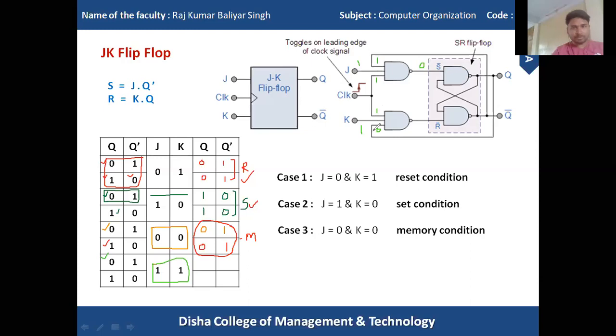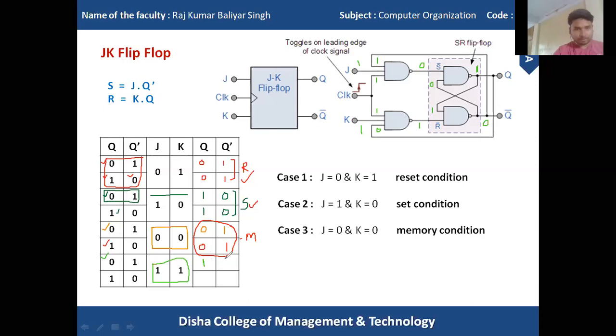This 1 1 0, this NAND gate will produce 1. Now this 0 is supplied to this NAND gate, it will produce 1 at the output side, and this 1 will be supplied to here. Now this NAND gate receives two input values, 1 and 1, so it will produce 0. This produces 0, and this 0 is supplied to this NAND gate as an input. So now this NAND gate will receive two input values, 0 and 0, so it will give the result 1. So here my q value is 1 and q naught value is 0.